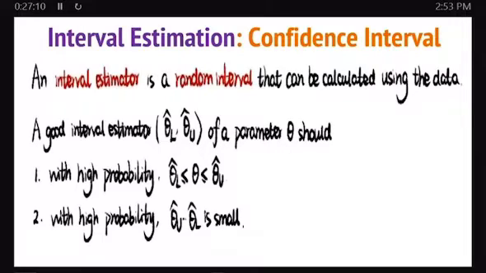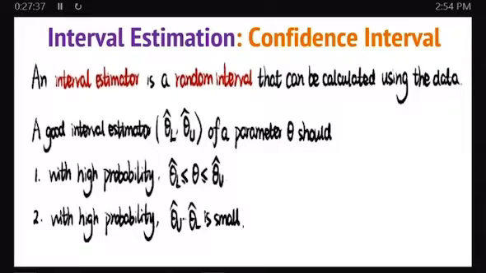I want you to see the interval estimator as a random interval. It's not just fixed, because the belief is that we've actually computed 100 intervals. If I say I'm 90% confident that the parameter will lie in the interval, it means out of 100, the true value of the parameter will lie in only 90 of the intervals.